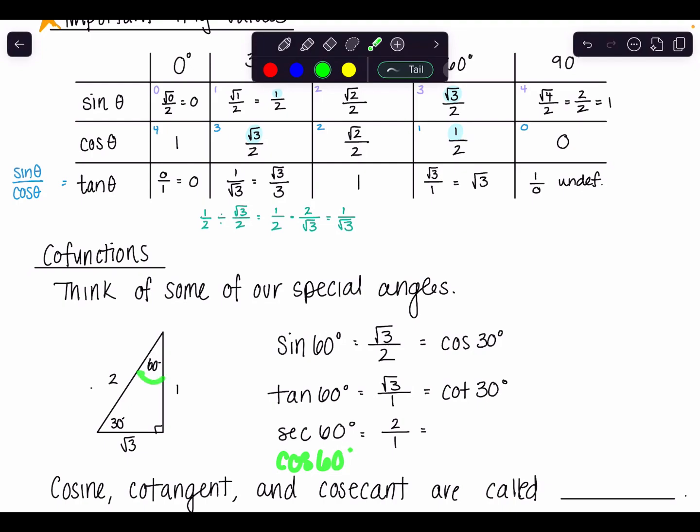So cosine of 60 degrees would be 1 over 2, so it is 2 over 1. That's exactly the same thing as if I take cosecant, which is 2 over 1. That's the hypotenuse over the opposite.